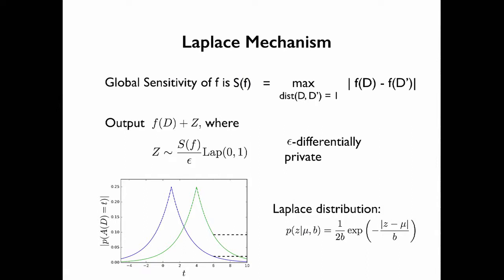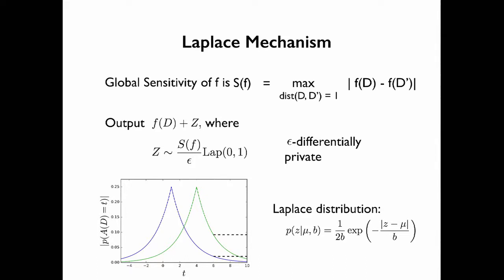Just a quick reminder, the Laplace distribution has the following density. The density P of a Laplace random variable given parameters mu and b, where mu is the mean and b is a scale parameter, is 1 over 2b times e to the minus absolute value of z minus mu over b.